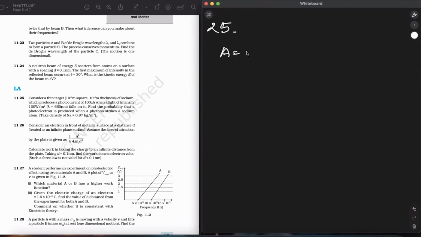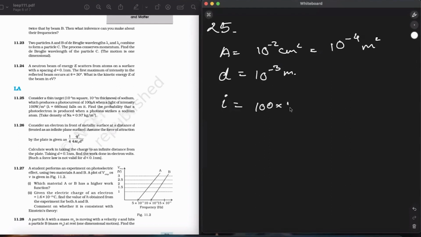The area, which is 10 to the power of minus 2 centimeter square, in SI unit will be 10 to the power of minus 4 meter square. Thickness d is 10 to the power of minus 3 meter, already given in SI unit. Photocurrent I has been given as 100 microampere, so 100 into 10 to the power of minus 6 ampere, which is equal to 10 to the power of minus 4 ampere.